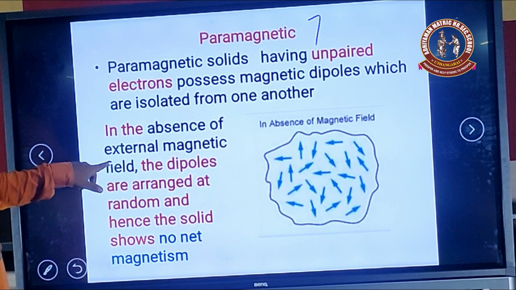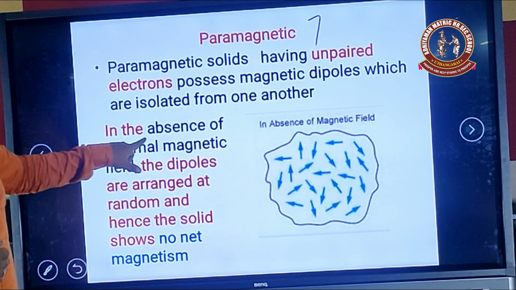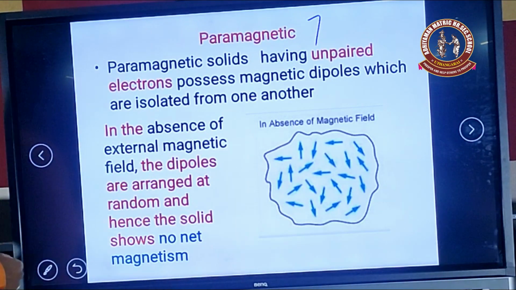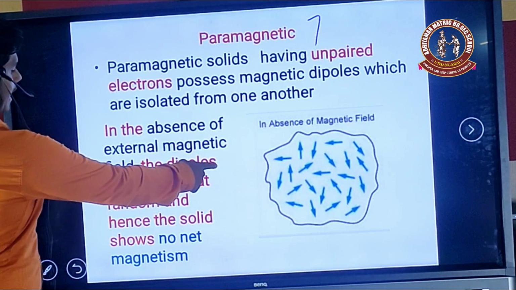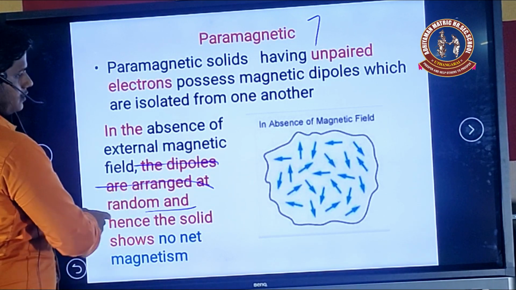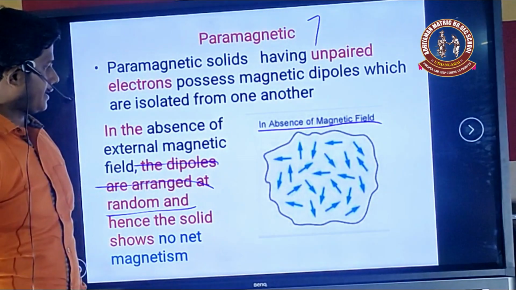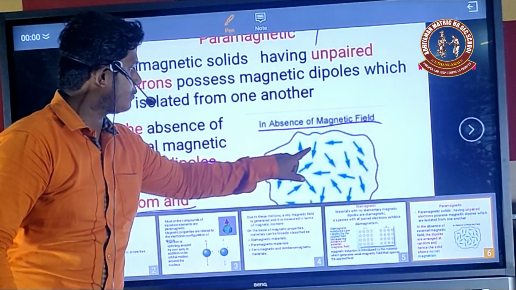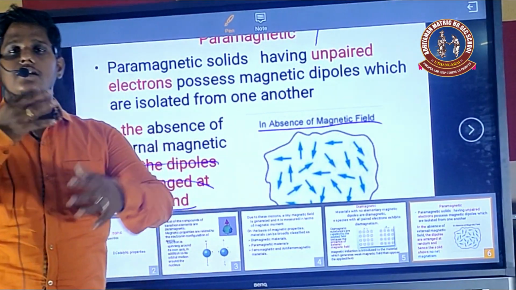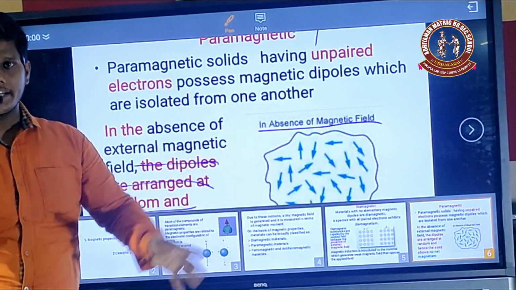In the absence of an external magnetic field, the dipoles are arranged in all directions. Each one is called a dipole. This dipole is arranged in all directions.